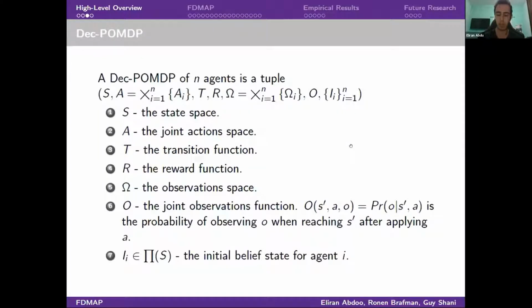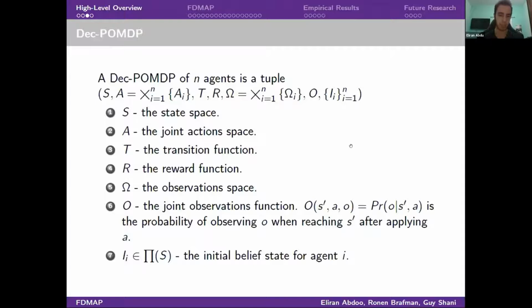Okay, so we are starting off with definitions. The Dec POMDP is a tuple. We have a state space S, the joint action space, which is decomposed to the actions of each agent, referred to as A_i. T is the transition function. We do not assume it is deterministic or anything. R is the reward function, omega the observation space, which again can be decomposed to the observations of each agent.